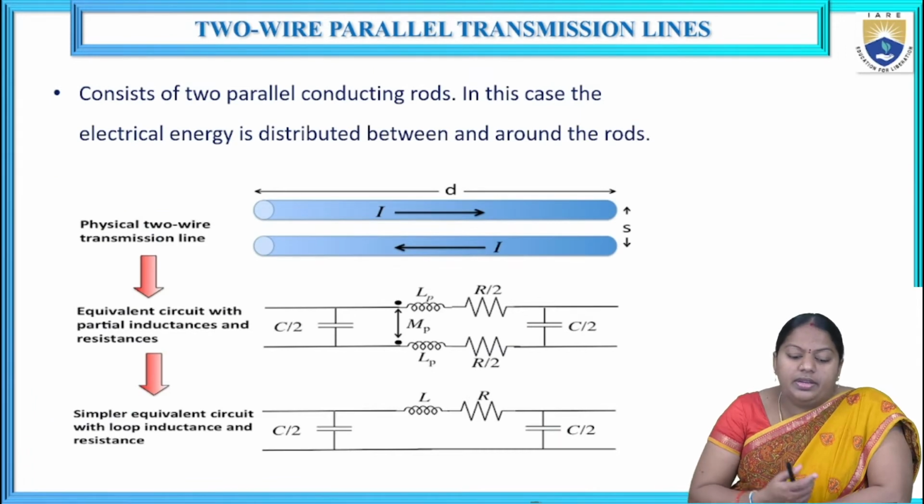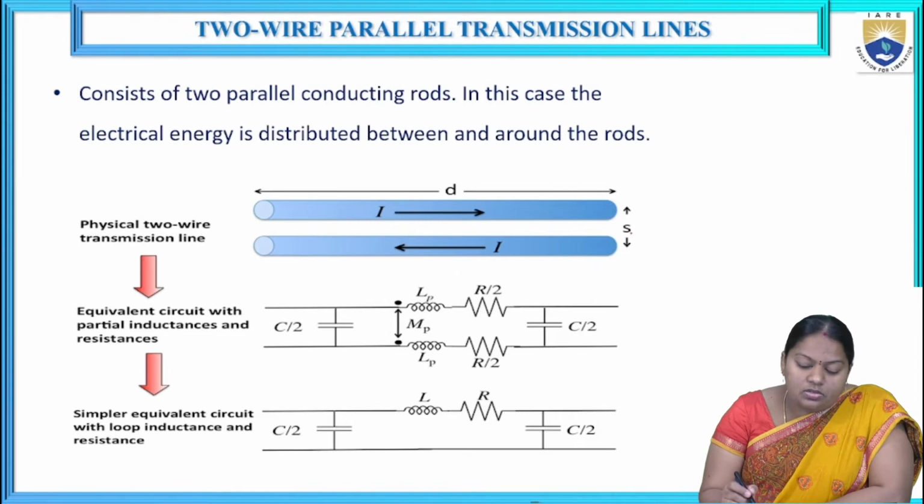Okay, in detail, we are going to see the physical structure, the symbolic structure, the diagrammatic representation of the individual transmission lines. First case: two wire parallel transmission lines, or open wire transmission lines.